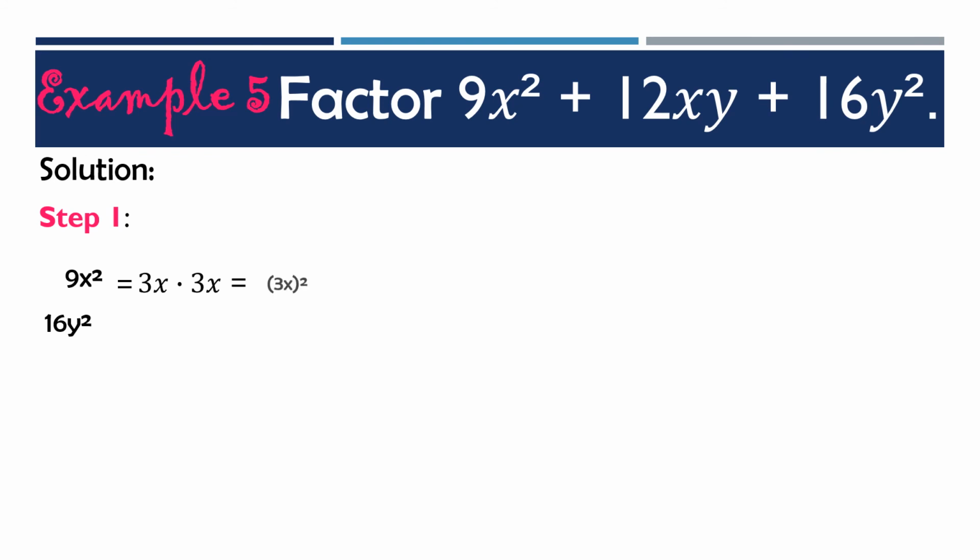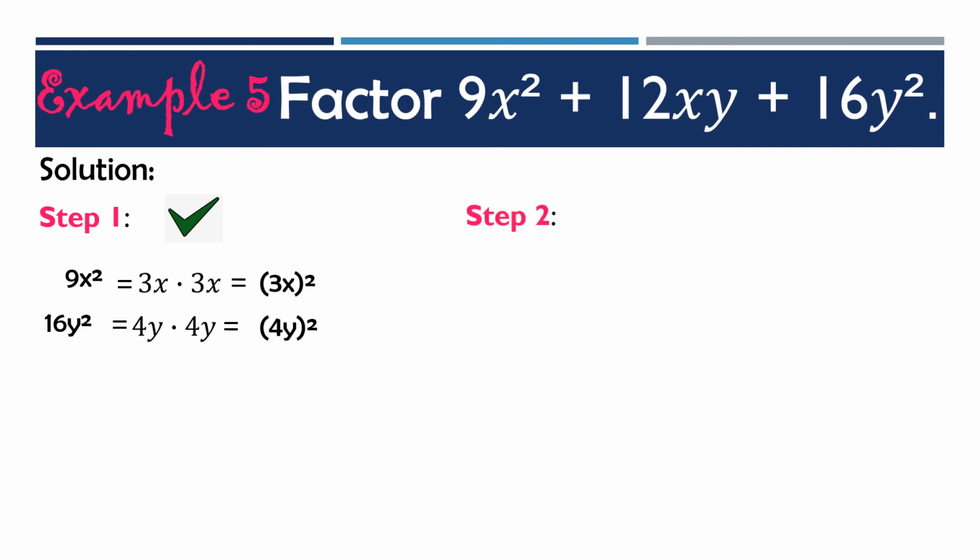So it can be written as the quantity 3x raised to 2. Next, 16y squared can be factored out as 4y times 4y, which can be written as the quantity of 4y raised to 2. Then, the first and the last terms are perfect squares.